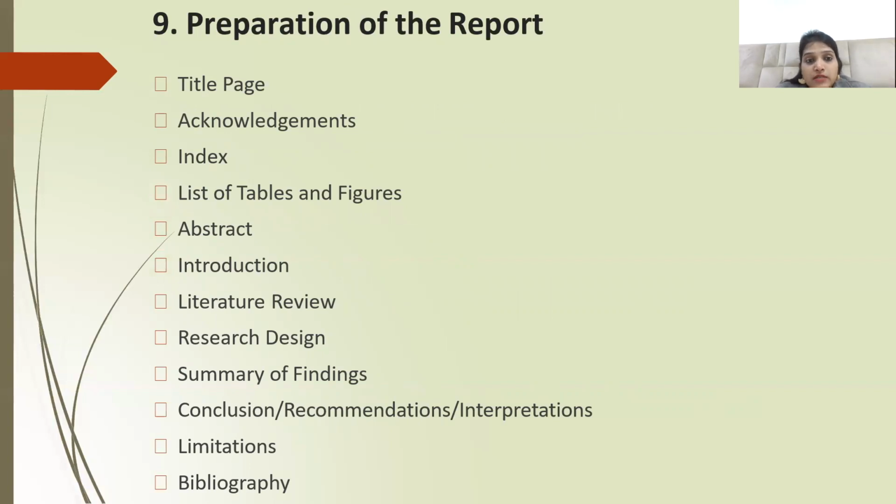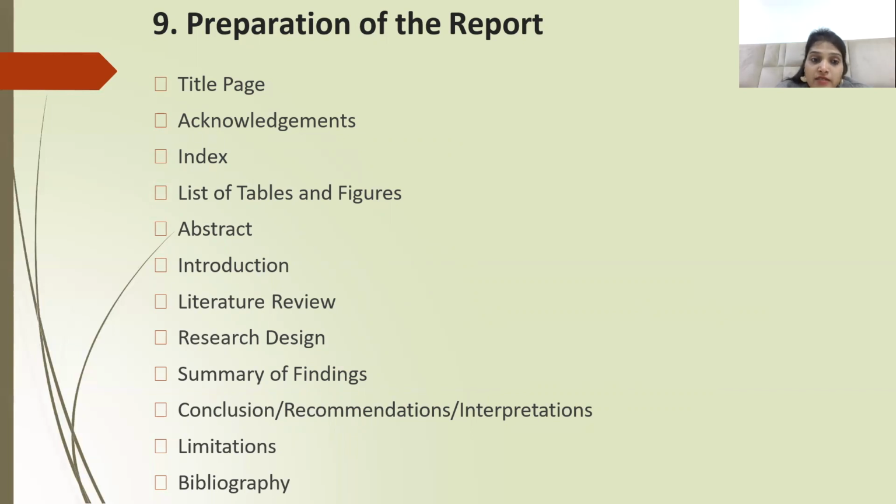Once your results are out, you are supposed to prepare the report. This is the generally followed pattern of a report. We have a title page, we have an acknowledgement. One must give acknowledgement to all the persons who helped in reaching and completing that study.